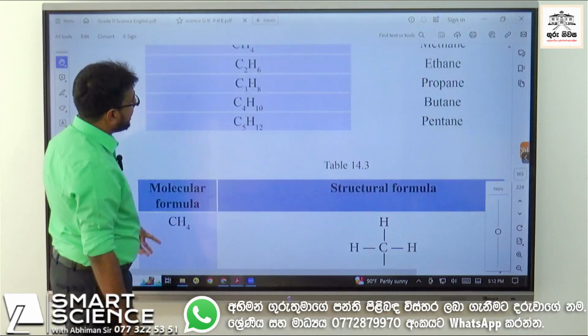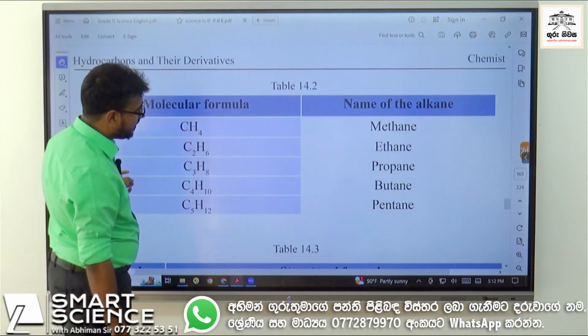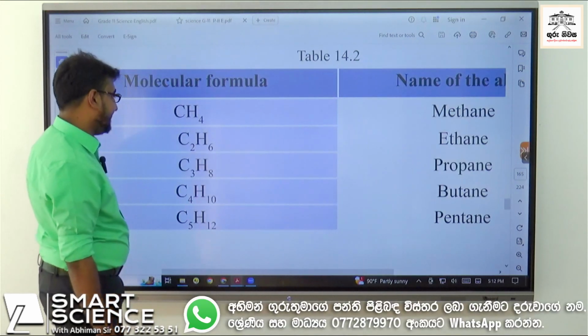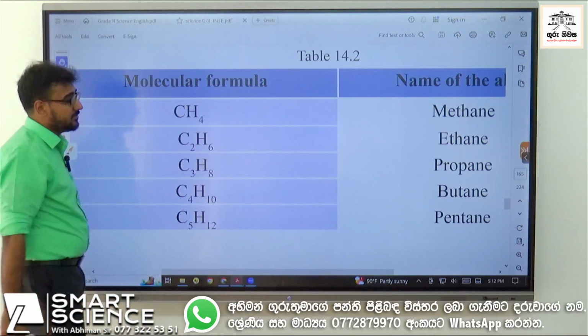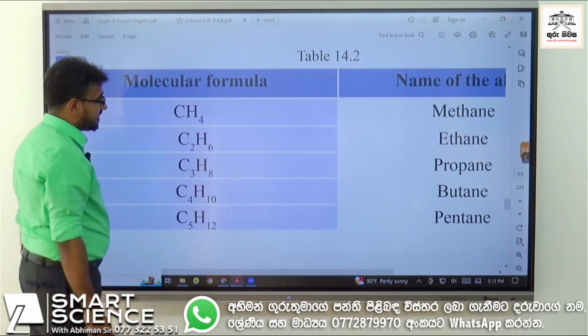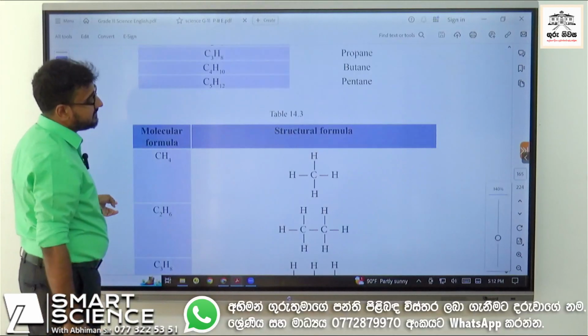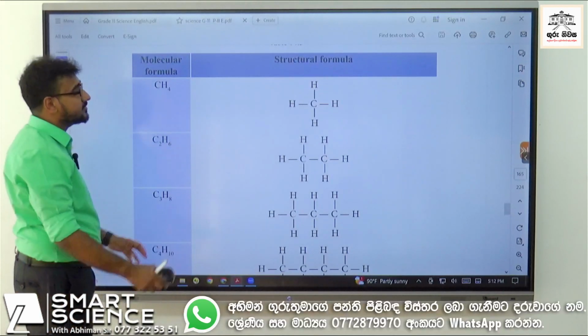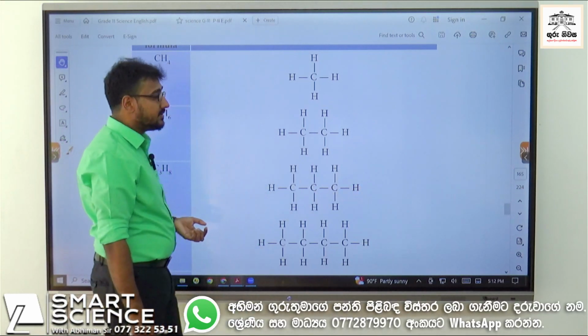Now these are all alkanes, no? Molecular formula, yeah, so all are alkanes. Why? Because when we consider the structural formula, there are only single bonds between the carbon atoms.